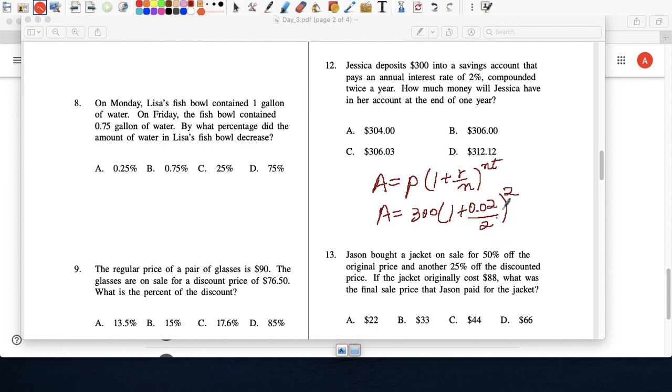Let's figure out what all that is inside. 0.02 divided by 2 plus 1. Raise that to the second power, and then multiply that by 300. At the end of the year, she's going to have $306.03.